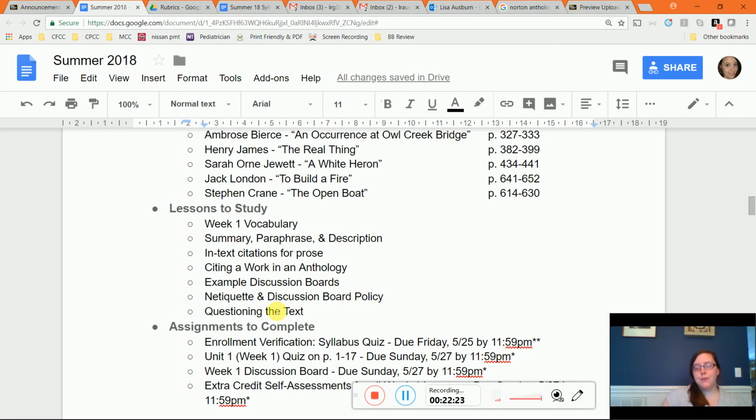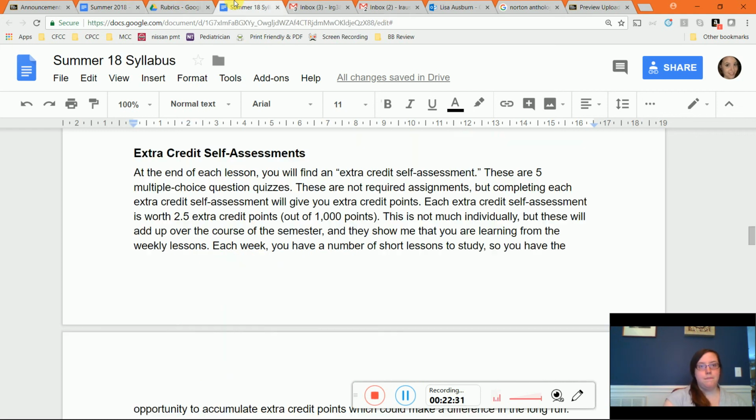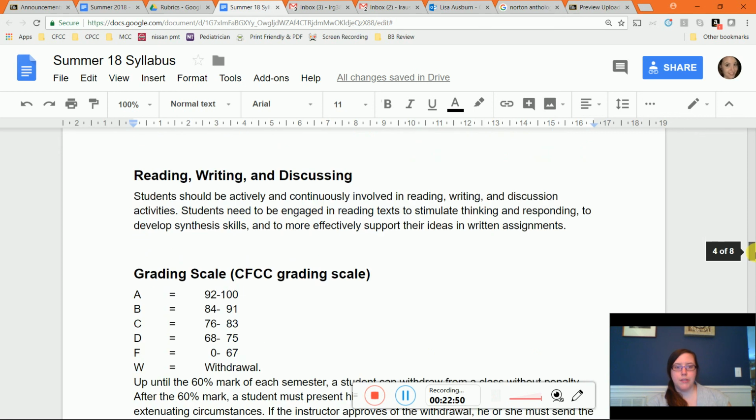So in the first week, you could earn 7 times 2.5 extra credit points, if you do the math. And you might be thinking it's only extra credit, but it might make a difference in the end. Essentially it tells me that you're doing the lessons. I think it's so important for you to be studying these lessons, so I want to give you extra credit for actually doing them. If you have questions, please email me.